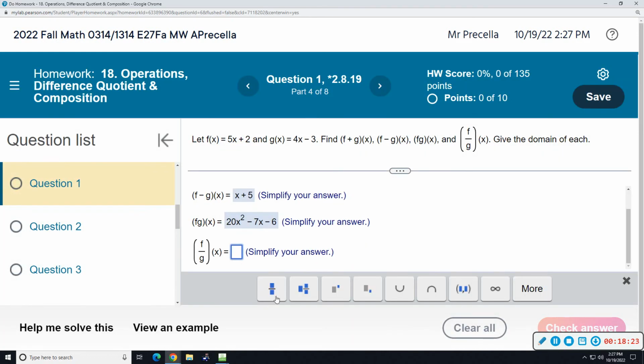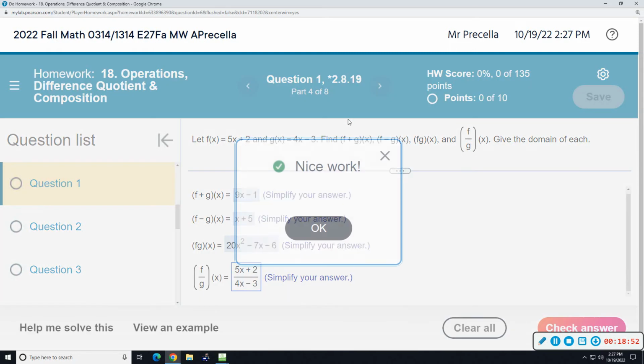And F divided by G. What do you think I'll do first? Oh, I don't think I need a parenthesis around the F divided by G. I think I'll use that quotient, that fraction hot button there. And then I have a 5x plus 2 on top and 4x minus 3 on bottom.